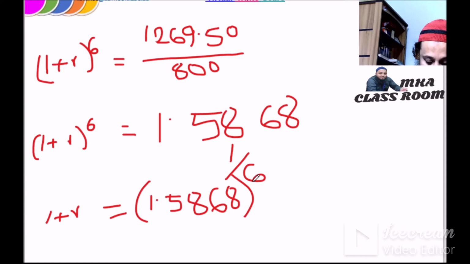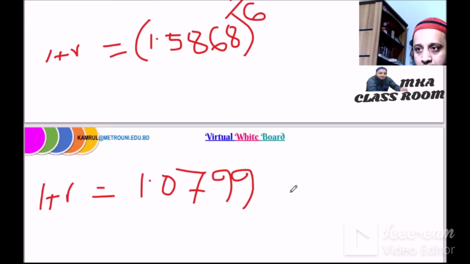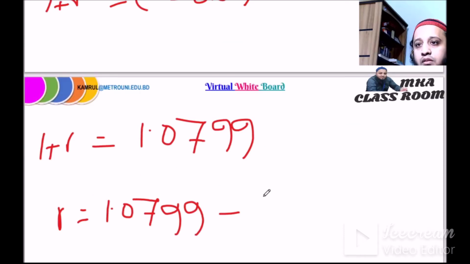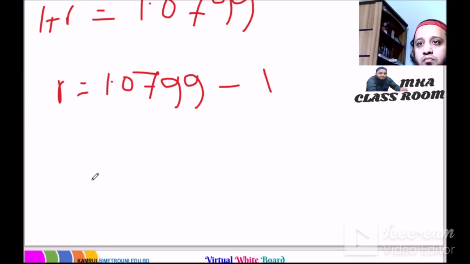Then our result is 1 plus r equals 1.0799. So r equals 1.0799 minus 1, which equals 0.0799, or 7.99%.